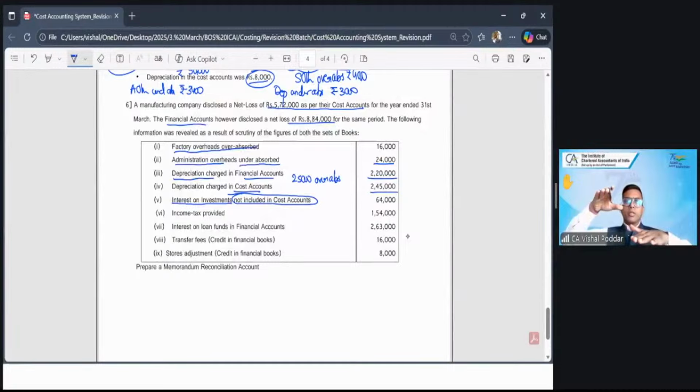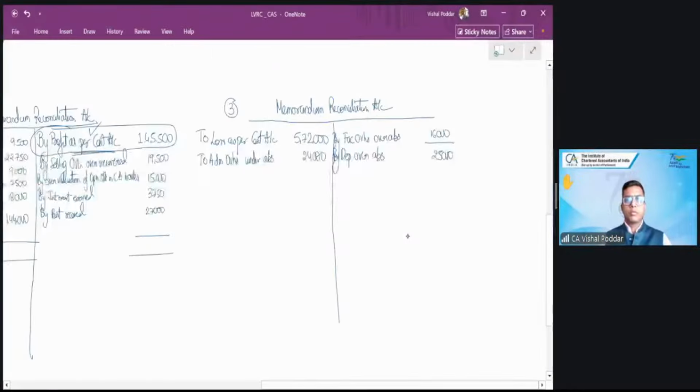So since the starting point is costing loss, I will come down. So interest on investments less. And since I have to less, I'll put it on the credit side so that automatically it will get subtracted.